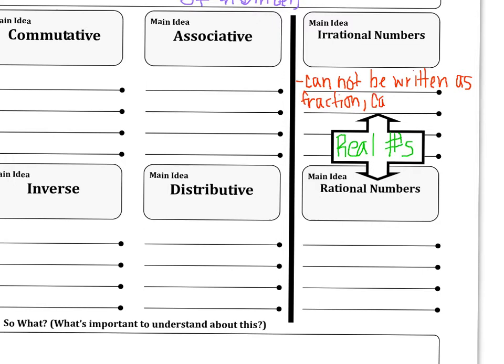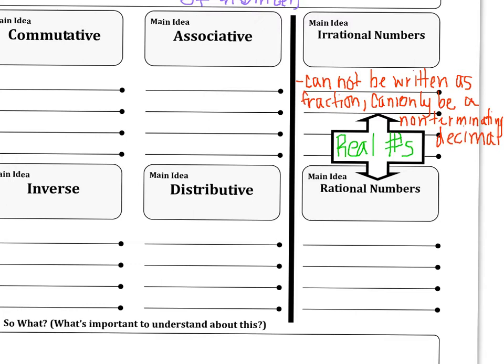And it also can only be a non-terminating, so never-ending decimal. So to be irrational, you cannot be able to write it as a fraction. So 1/2 is not irrational. And you can only write it as a decimal that keeps on going. It's got to be a non-terminating decimal.